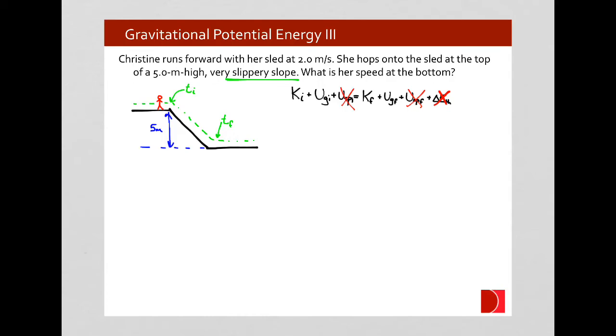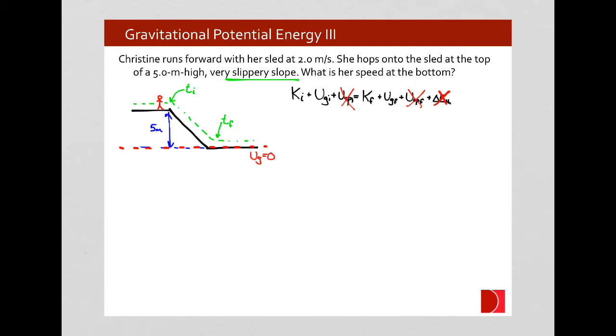I prefer to always pick the lowest point of her motion as the reference height. That means the gravitational potential energy is always positive, and thus you avoid having negative signs floating around that sometimes can be forgotten about and can lead to small but significant errors in our calculations.